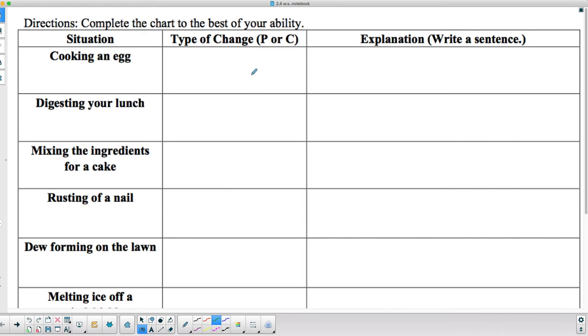So cooking an egg, is that a physical or a chemical change? What you have to ask yourself is, do you see an actual visible difference between what the egg was before and what it has become, like it's a new thing? And if it's a new thing, the structure of the egg has changed. Now you've got to be careful.